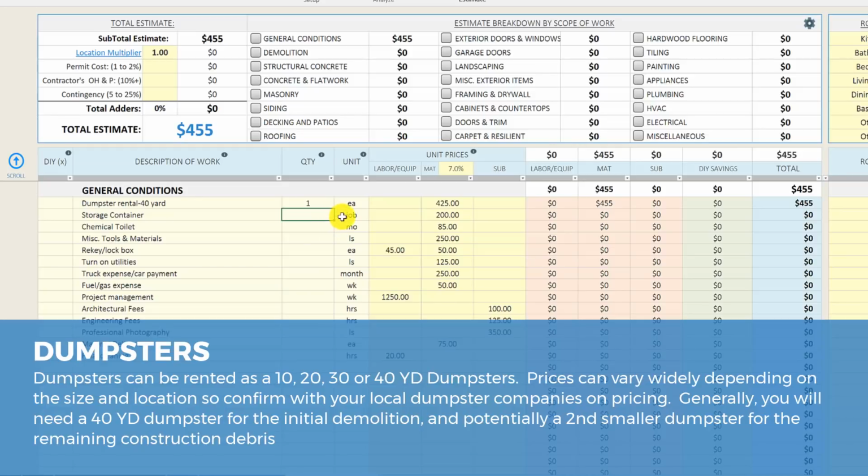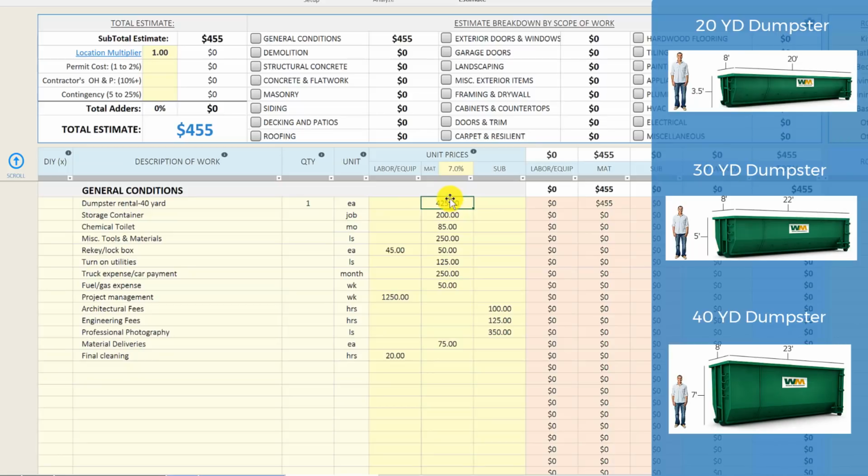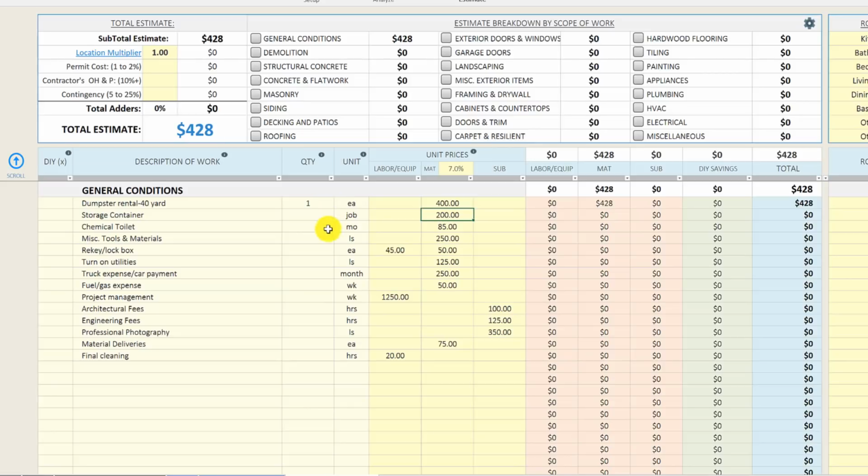Depending on where you're at, that can be as little as $300 all the way up to $500+, all depending on the dump fees that your dumpster companies charge in your local area. So I'm just going to plug in $400 here for our dumpster, and one dumpster should cover it, unless your house has a whole bunch of furniture and stuff that you're getting rid of.